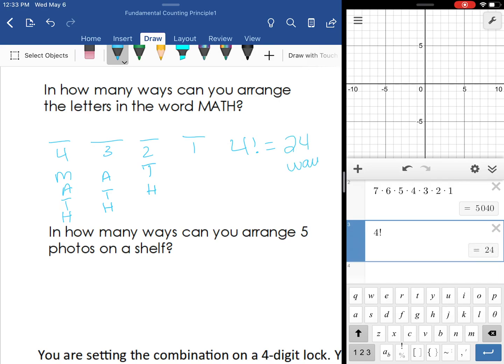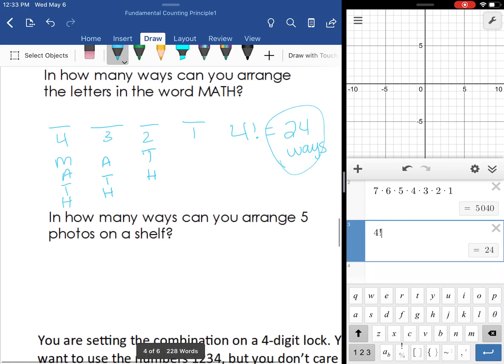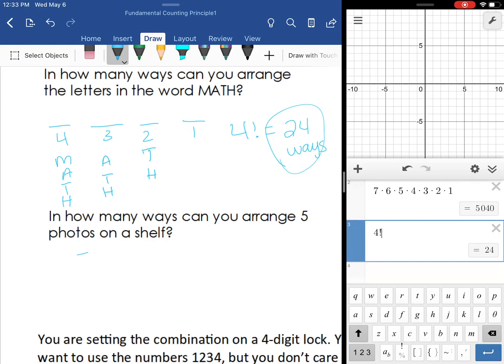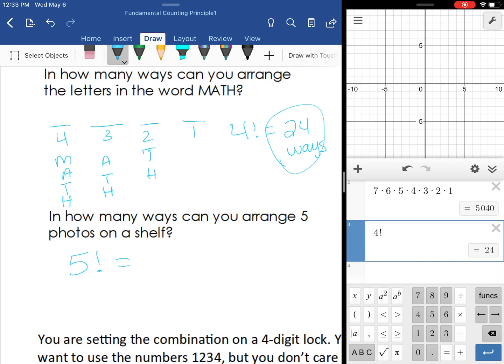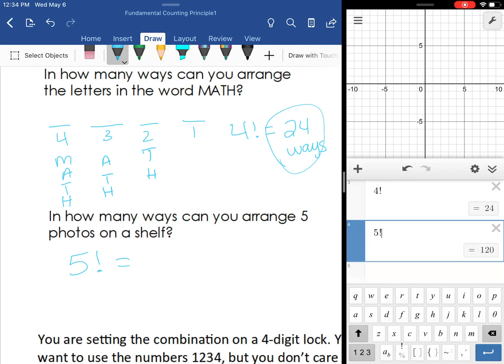So there are 24 different ways to arrange the letters in math. How many ways can you arrange 5 photos on a shelf? Well, it's the same principle. We're just going to take 5 factorial. 5 factorial is 120. There are 120 different ways to arrange the photographs on your shelf. That's a lot of different ways to arrange your photos, isn't it?